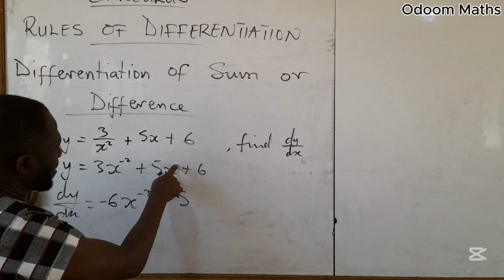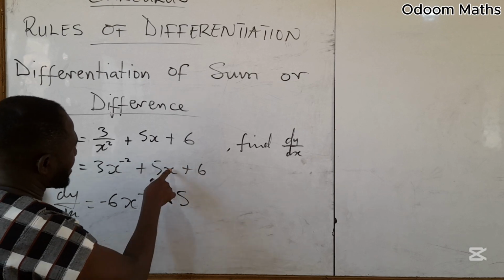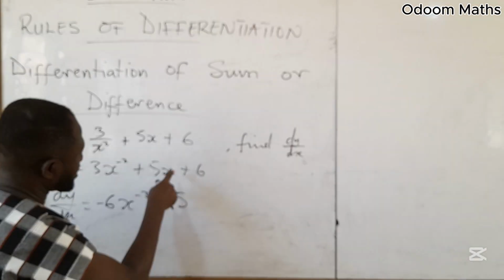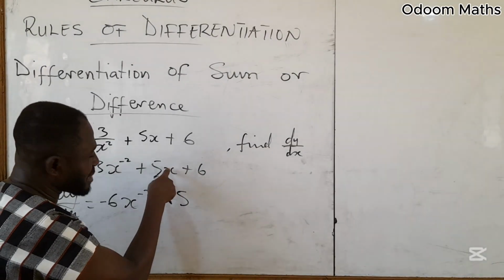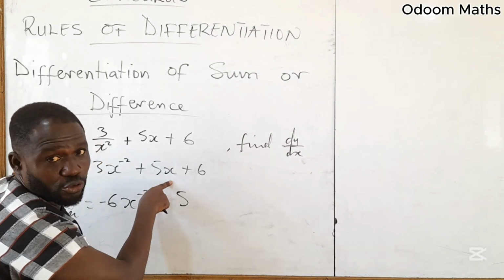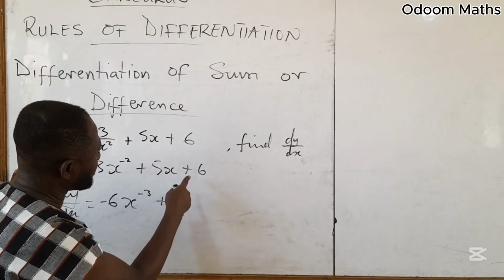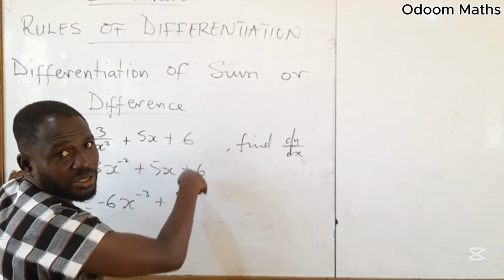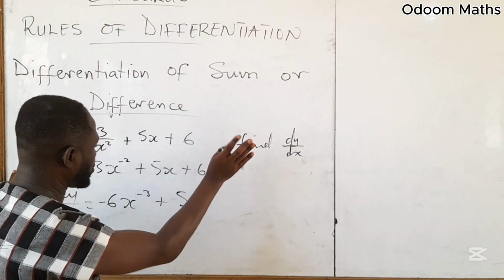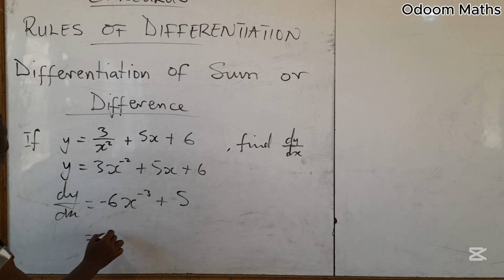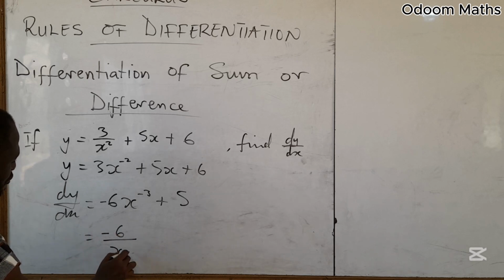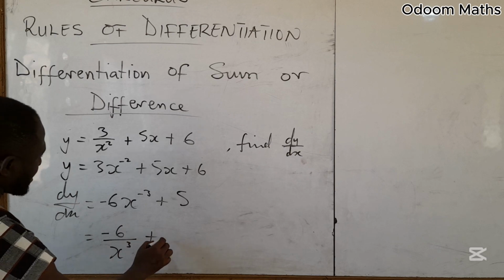Now x has a power 1, so 1 times 5 is 5, and the power becomes 1 minus 1, which is 0, so x to the power 0 is 1. So 1 times 5 is 5. Then this one is a constant. When you differentiate a constant, you get 0, so this will go away. So the final answer becomes negative 6 over x to the power 3 plus 5.